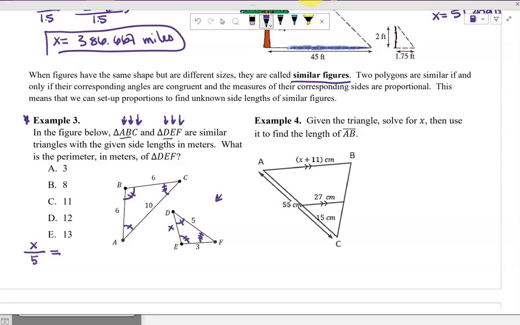So AB right there is 6 over the longest side of that triangle, which is 10. Cross multiply, and we get 10x equaling 6 times 5, which is 30.